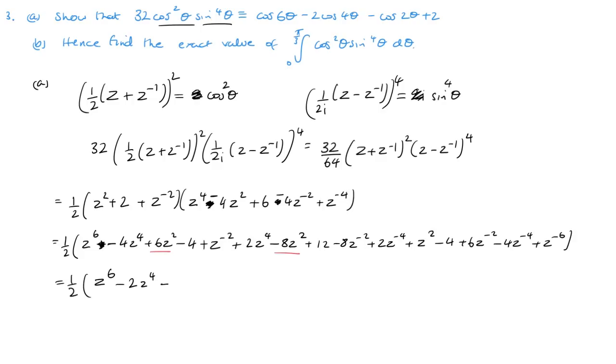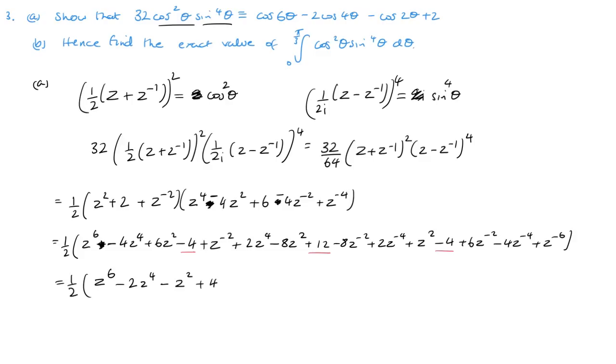Sorry, there's another z squared there. So I've got 7z squared minus 8z squared, so it's minus z squared. And then in terms of numbers, I've got minus 4 plus 12 minus 4. So that is 12 minus 8, which is 4.